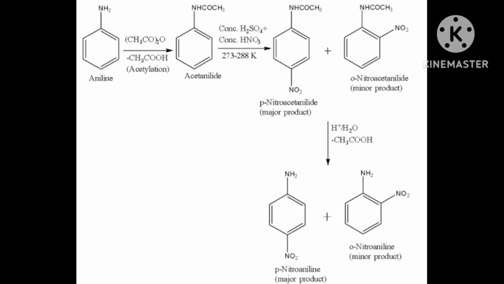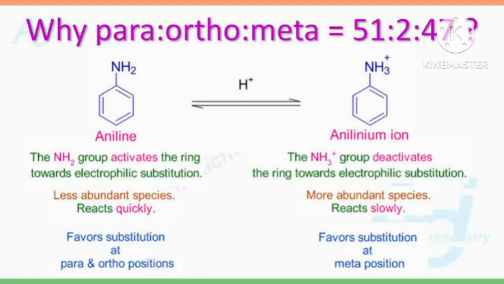Then what I discussed, that protection, same thing is here, same way with acetic anhydride reaction will take place in presence of pyridine. It will form acid anilide, already discussed. And again, when reaction will take place with HNO3 and H2SO4, then NO2 will go to the para position.